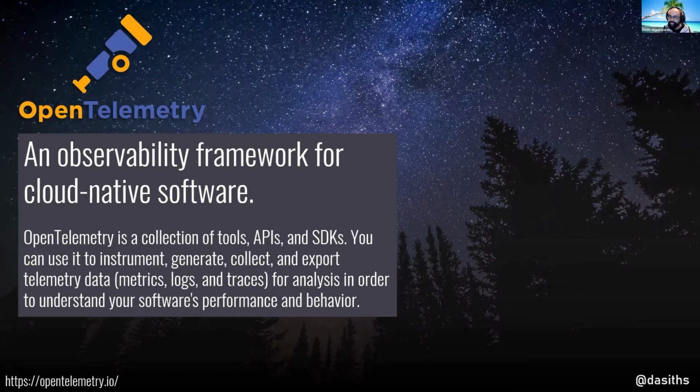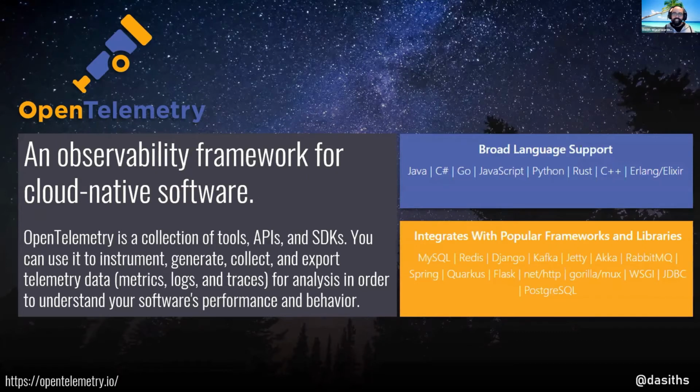What that means for you as a developer is it's got good buy-in from the community and the ecosystem, so you don't have to worry about whether this is going to disappear in a few years. And luckily for you as a software developer, it integrates with most of the languages and frameworks, and there's instrumentation available for popular libraries in those frameworks as well.